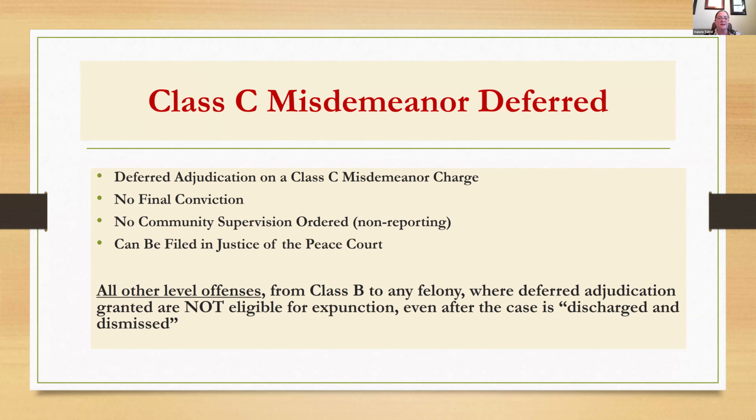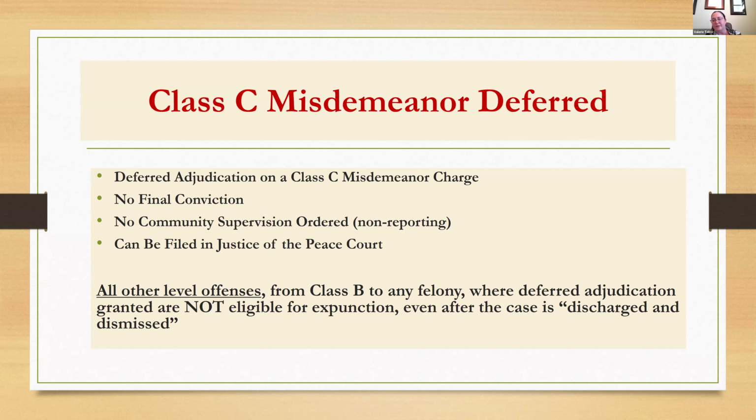Class C, this is where you get deferred adjudication on a Class C misdemeanor. This is one of the rare instances where if you get deferred adjudication, you're actually still eligible for an expunction as opposed to just a non-disclosure.